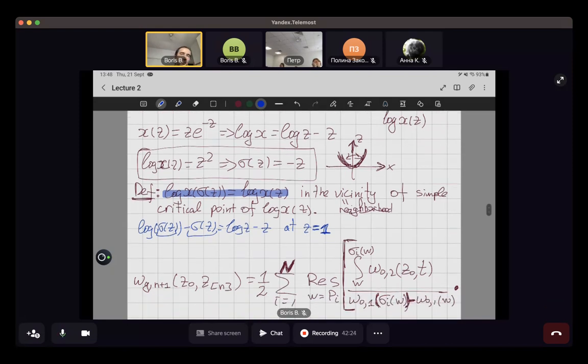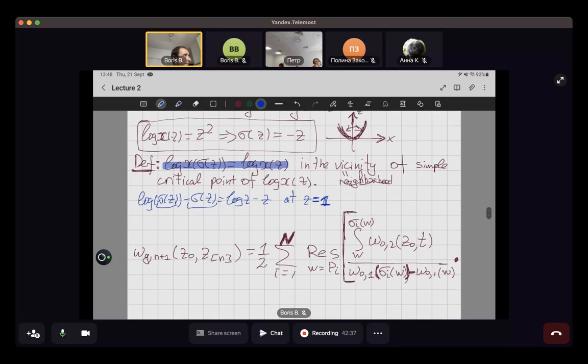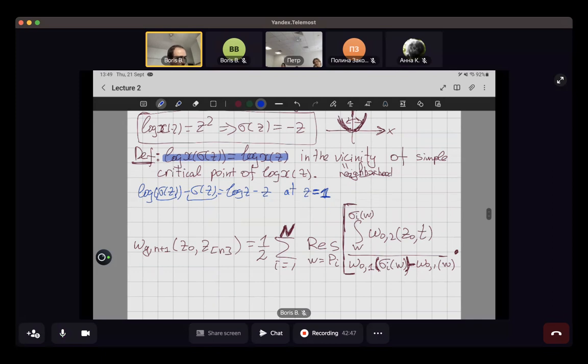This way is okay for us because it is all we need in this recursive formula, which I will write, since we take just a residue of some huge expression at z equal to 1.